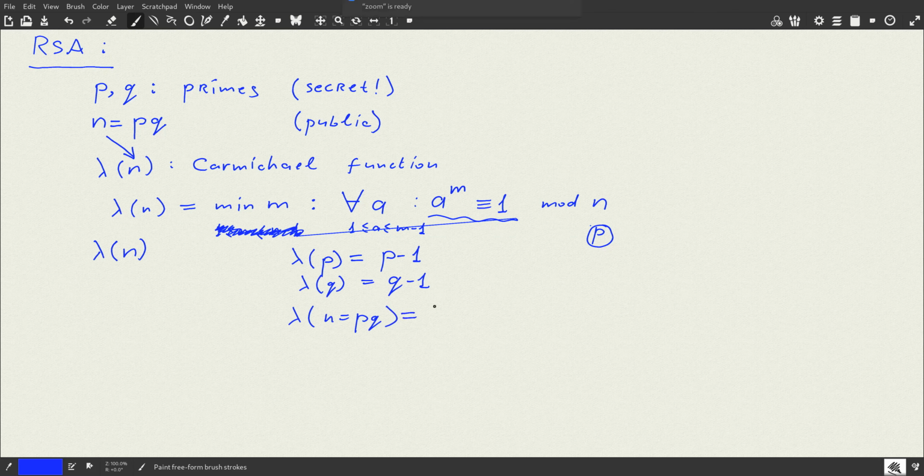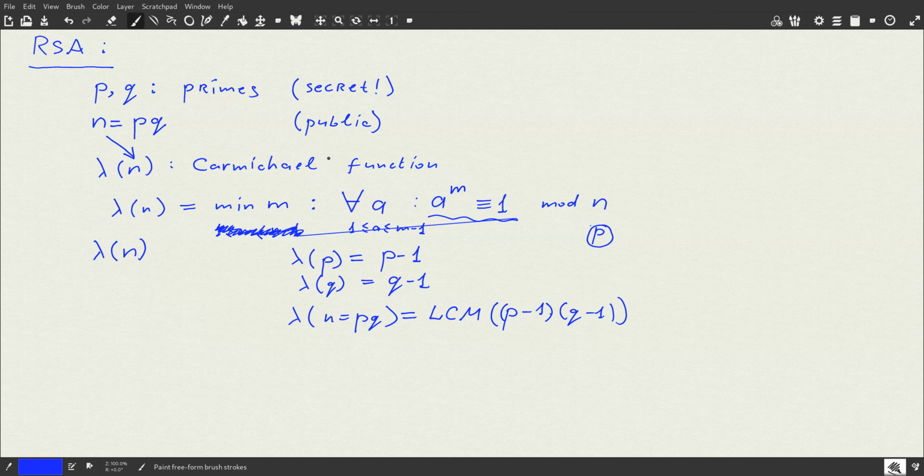and lambda of n, which is pq, again, you can prove it, could be the LCM, least common multiple, of p minus 1 and q minus 1. Okay? So we take this lambda of n.